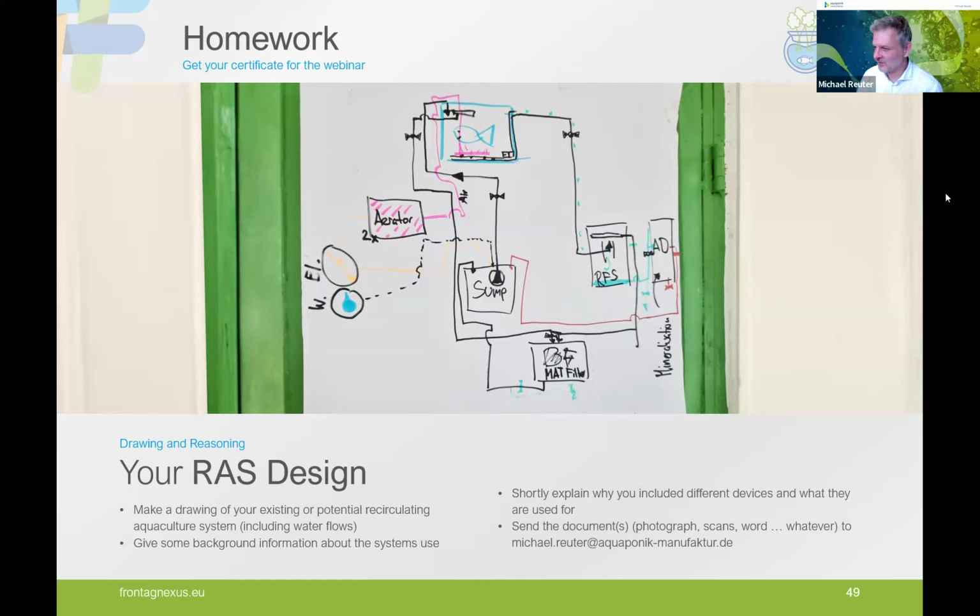It can be a very simple drawing like you're seeing here on the image, with just the components your RAS should consist of and some water flows that you would draw in. Shortly explain why you included different devices and what they are used for, and then make a copy of the documents that you produced as photographs, scans, or Word, whatever you want, and send it again to my email address to have your homework filed.